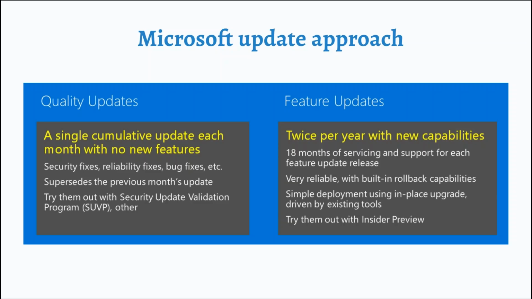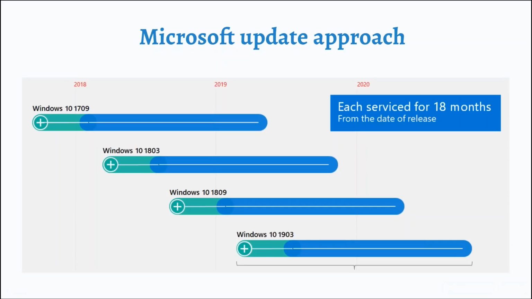The cumulative update addresses new security issues and will proactively include updates that were released in the past. Feature pack. As you all know, feature pack will be released twice per year with the new capabilities. For 18 months, a feature pack will be active and it will be implemented in the environment.